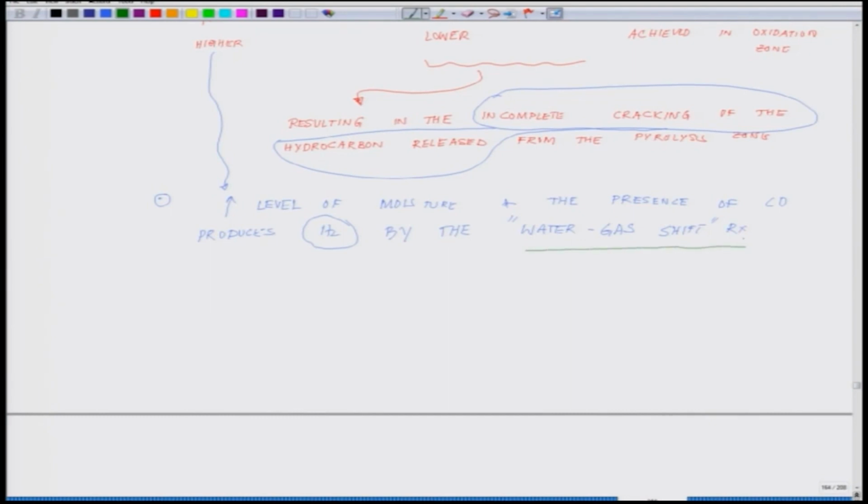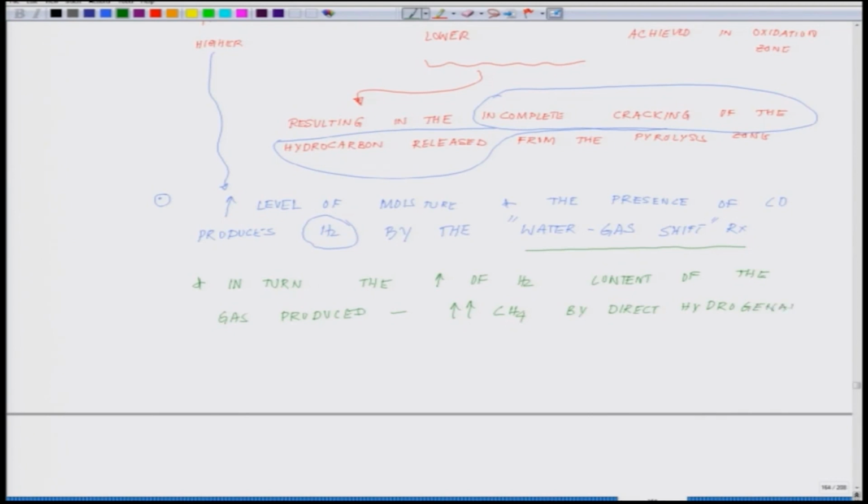shift reaction, this is what you are doing essentially by shift reaction, and in turn the increase of hydrogen content of the gas produced, and it contains more and more methane by direct hydrogenation, addition of hydrogen.